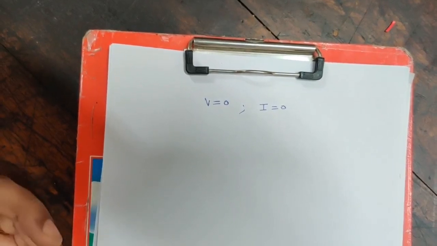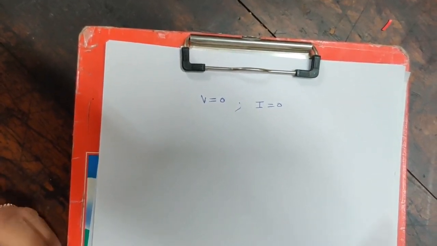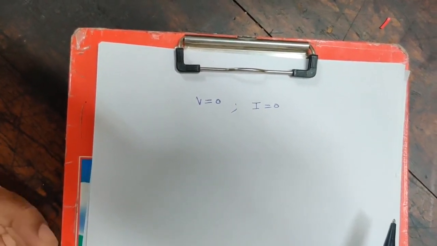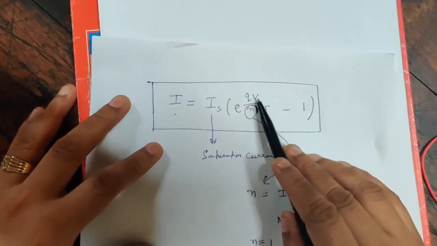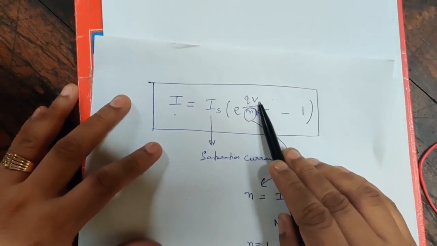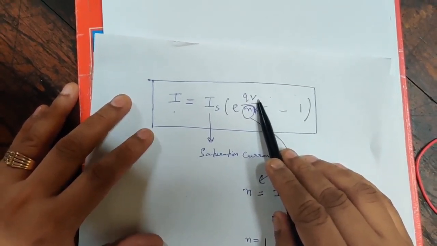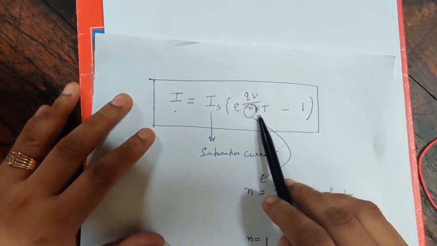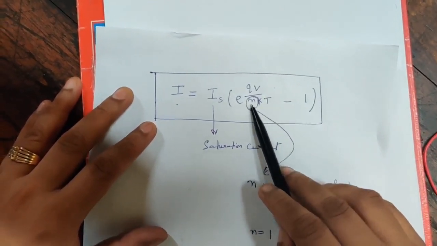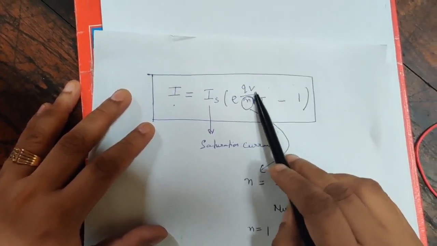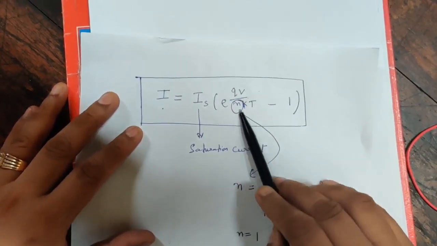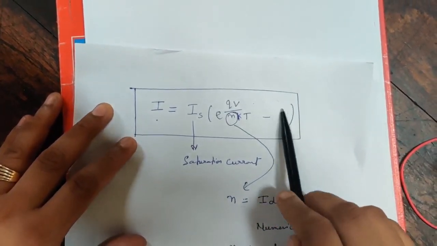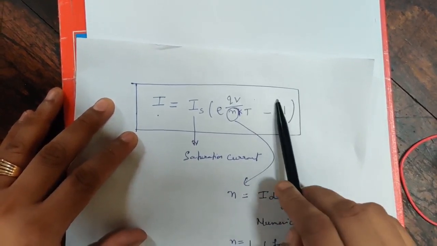And when V is positive and very large, the unity in the parenthesis in this equation, if I put the charge value, Boltzmann constant, temperature, this numerical constant, and substitute this V value here, this value will become very large. So I can easily neglect this one here.